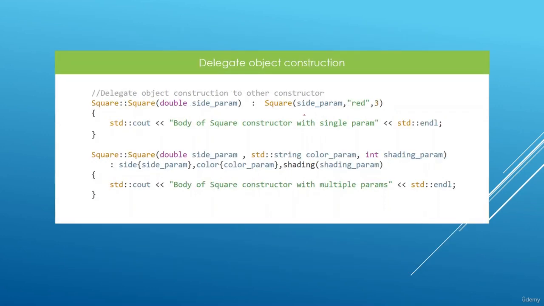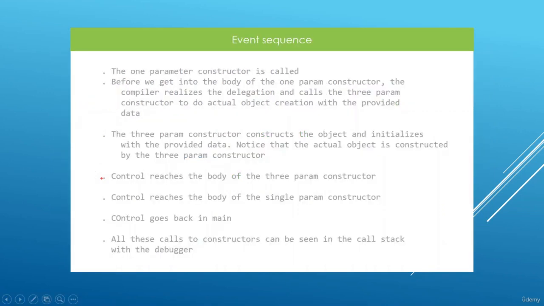So we're going to use the arguments that are passed in the initializer list of our one parameter constructor here. And then after the object is created, we're going to hit the body of the three parameter constructor because that's the constructor that was called. After the body of the three parameter constructor, we're going to hit the body of the single parameter constructor, and control is going to go back to main where we created the object.